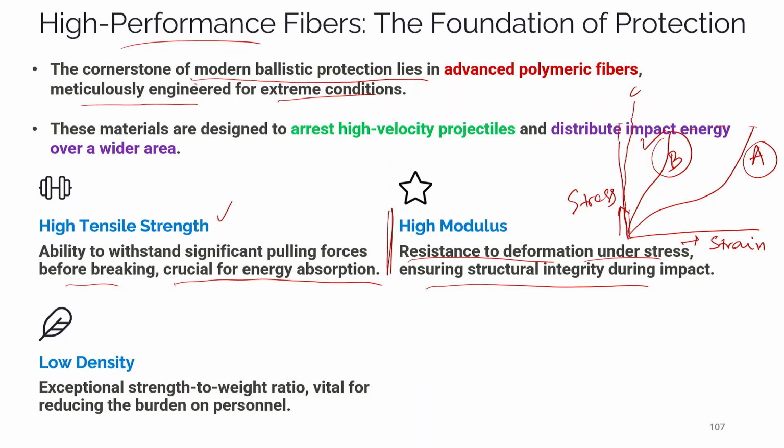It should not impose additional burden on the user. So, exceptional strength to weight ratio has to be there, which is vital for reducing the burden on the personnel who is actually using it.